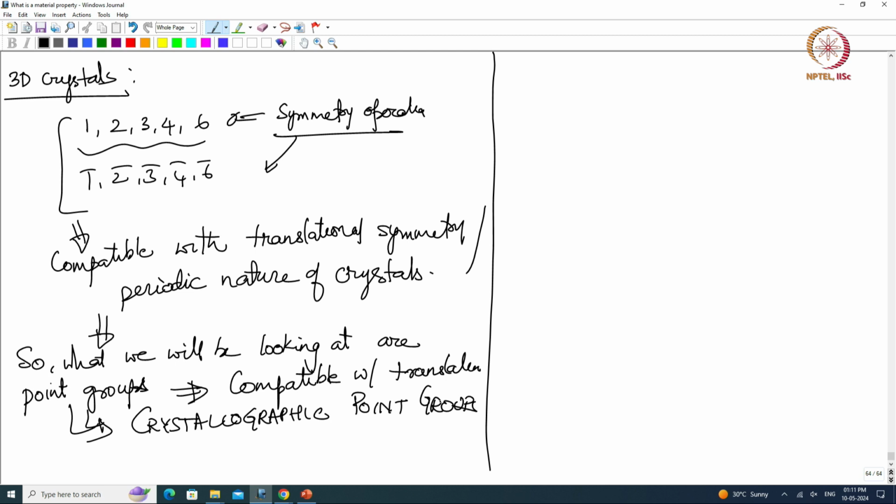And in the next class I am going to show that we have only 32 different point groups, and all sorts of crystals will have one of these 32 point groups.